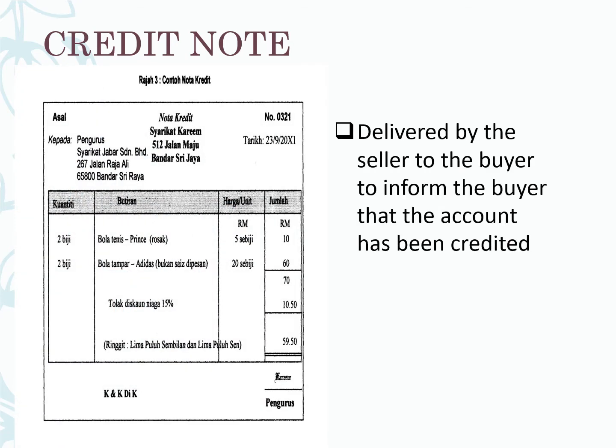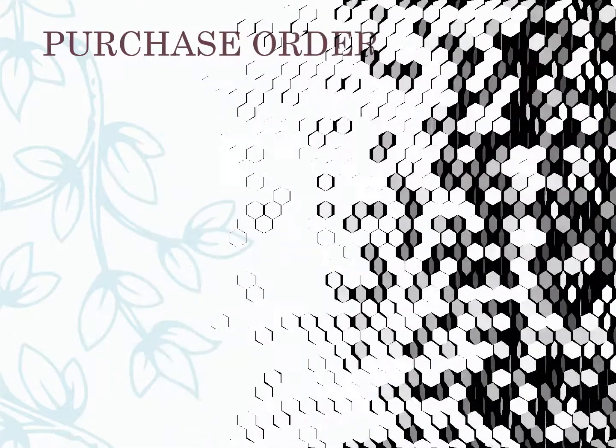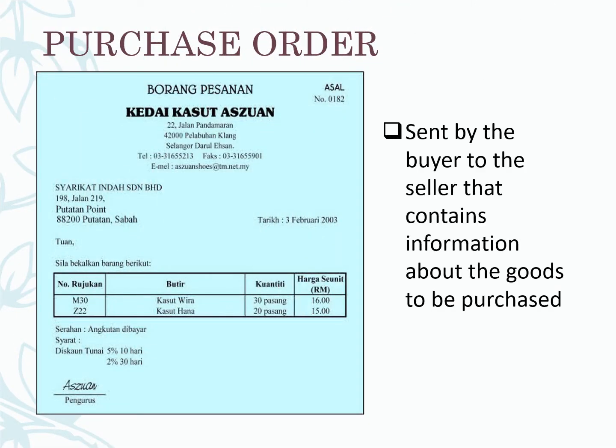Credit notes is delivered by the seller to the buyer to inform the buyer that the account has been credited and it will reduce the debt. Purchase order. Purchase order is sent by the buyer to the seller that contains information about the goods to be purchased.